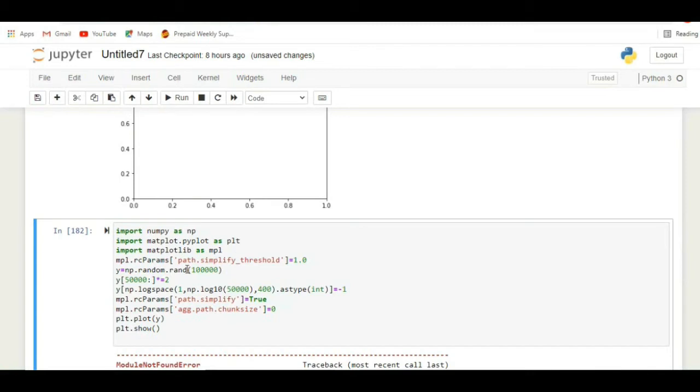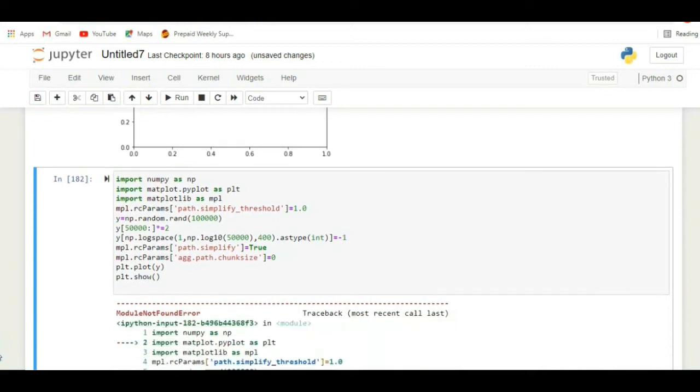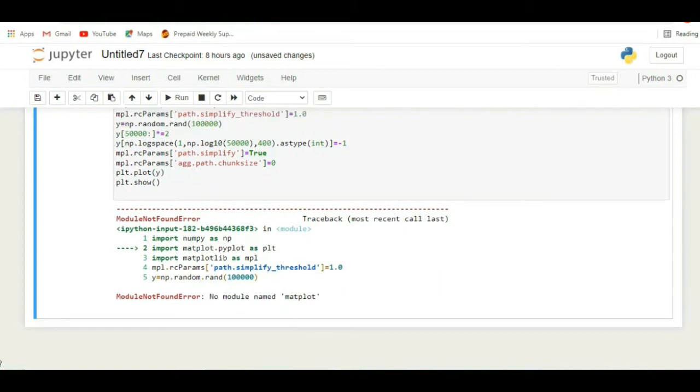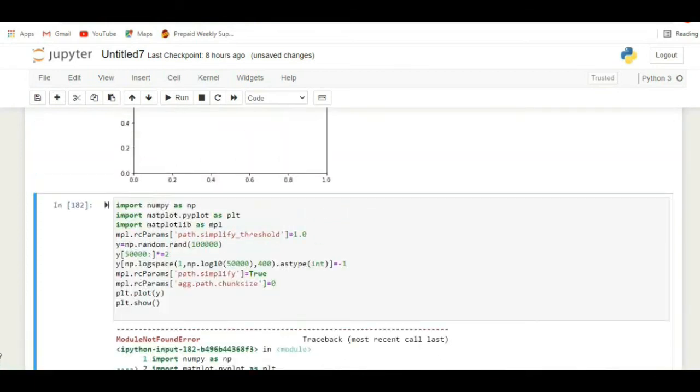A very simple spelling mistake is the reason this is not working. Since I am making the voiceover, when you do this, matplotlib in the second line, the code will work.